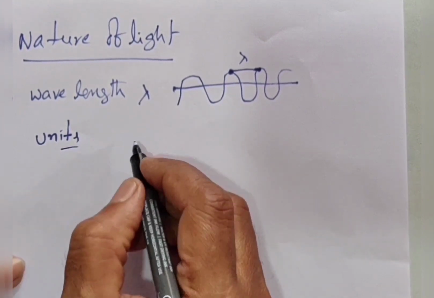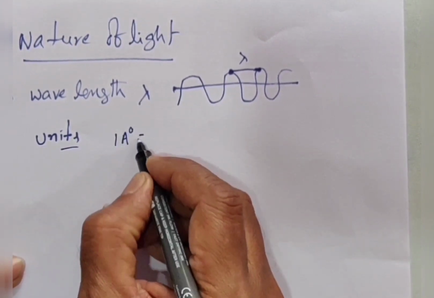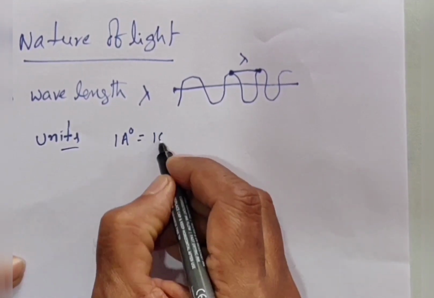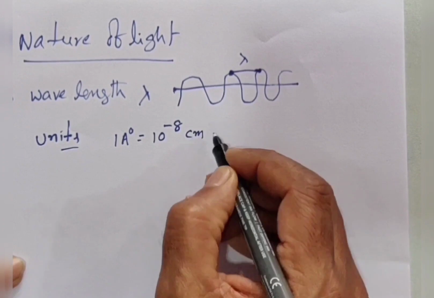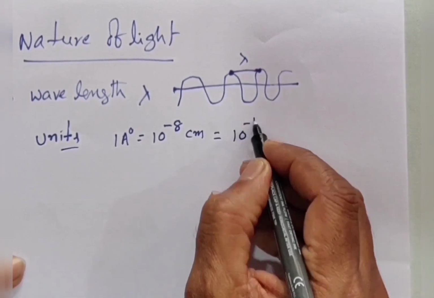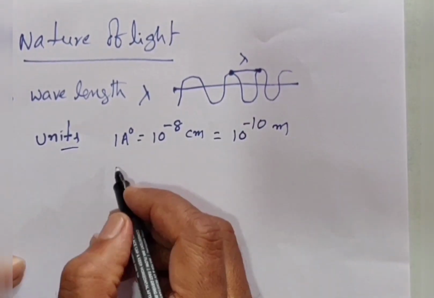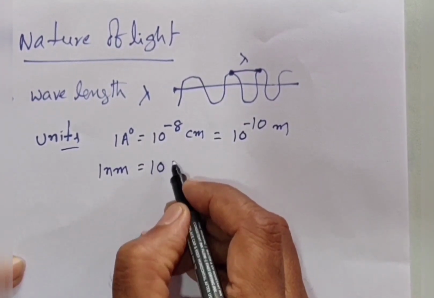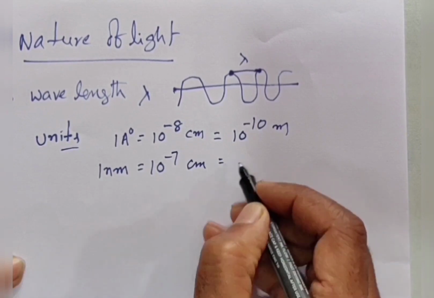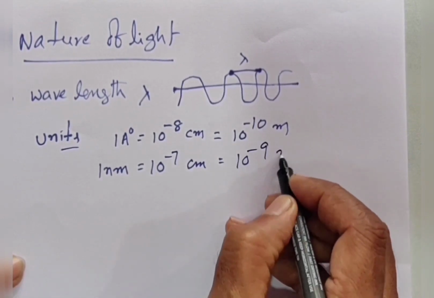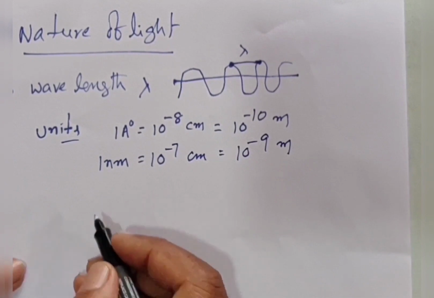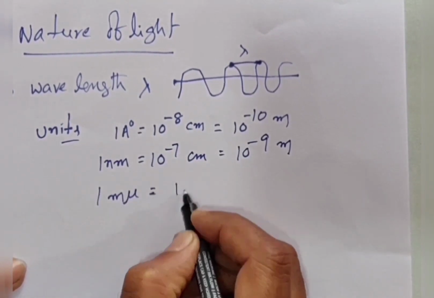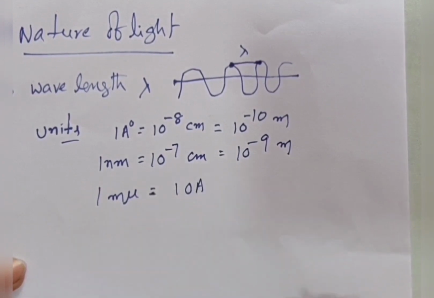Dear students, you must remember the units also. 1 angstrom is equal to 10 power minus 8 centimeters, that is equal to 10 power minus 10 meters. 1 nanometer is equal to 10 power minus 7 centimeters or 10 power minus 9 meters. 1 millimicron is equal to 10 angstroms.